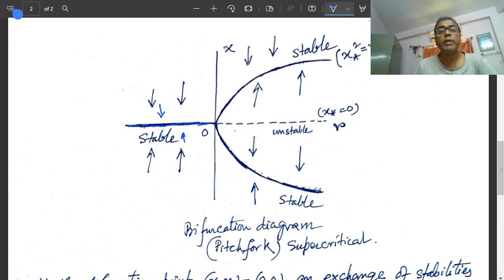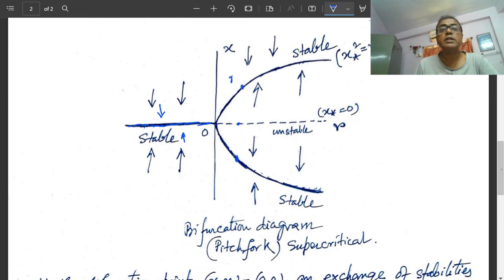So when r is positive, there are 3 equilibrium points. One is 0, and the others are this point and this point.